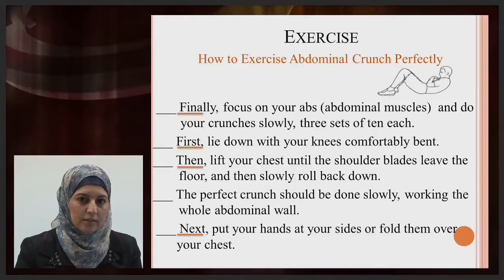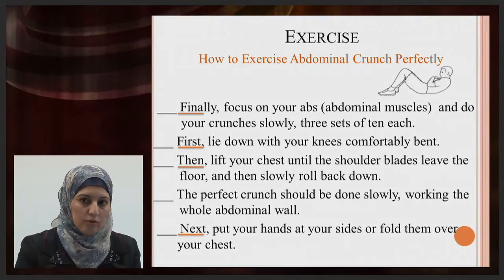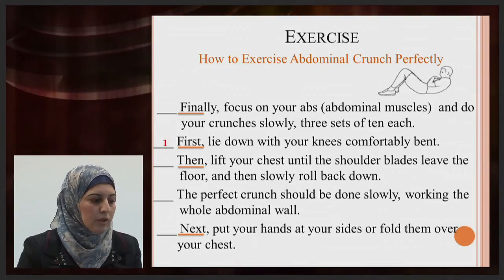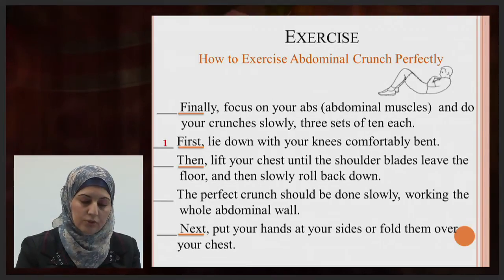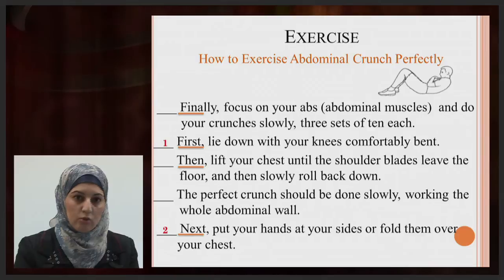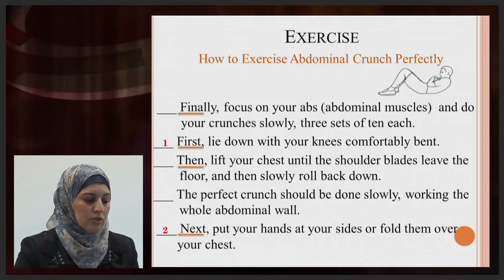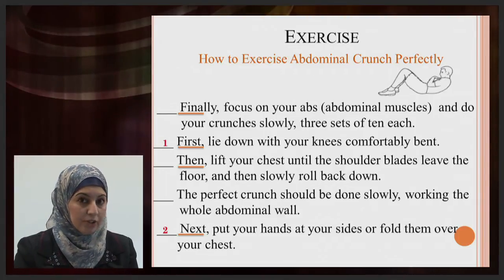Done? Let's see. So, what is the first step, you think? Of course, first. First, lie down with your knees comfortably bent. Number 2. Of course, next. Next, put your hands at your sides or fold them over your chest. 3.